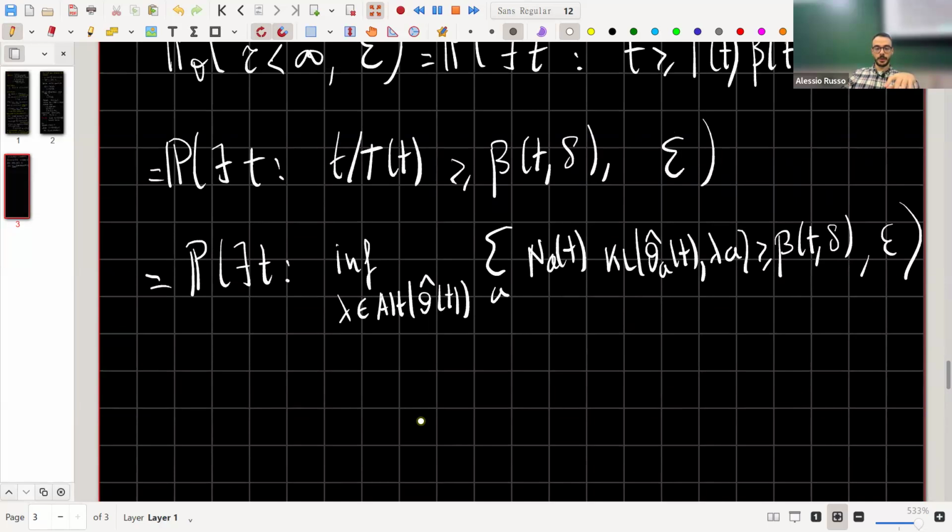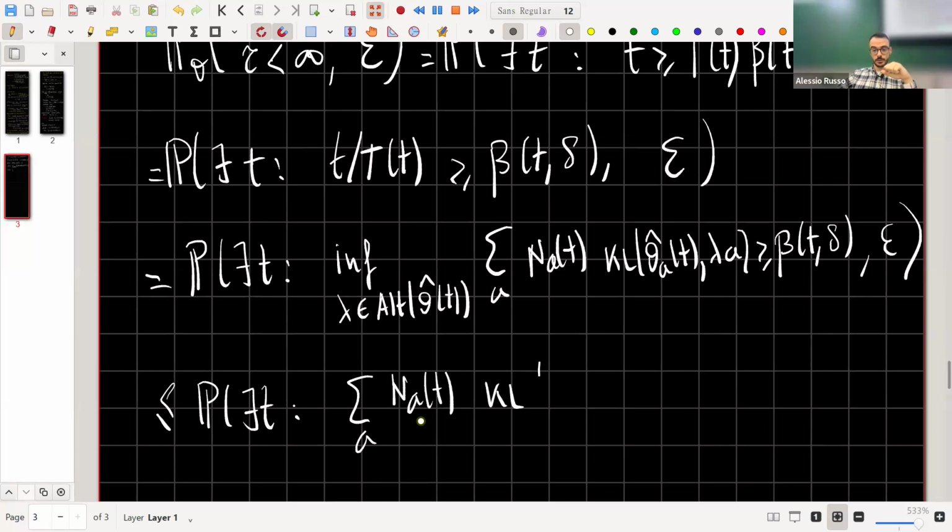It's going to be an upper bound of the left-hand side, so the probability of this event occurring will be larger. So here I'm going to replace the lambda with the true theta, bigger than the threshold. We don't need the event anymore because we used it.